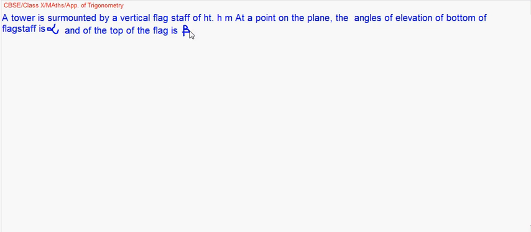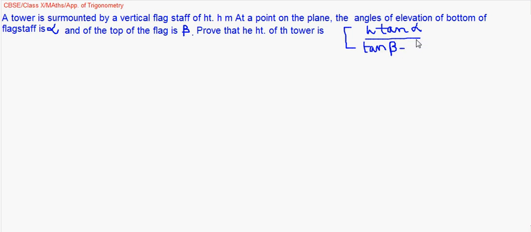Okay, we have to prove that the height of the tower is, as I am writing it here, given by h tan alpha by. See, such questions are not difficult while solving, but once you look at it you might feel, how do I go for it? But just read the question, start solving a normal question with given measurements. Just continue doing the same and you'll reach the answer quickly.